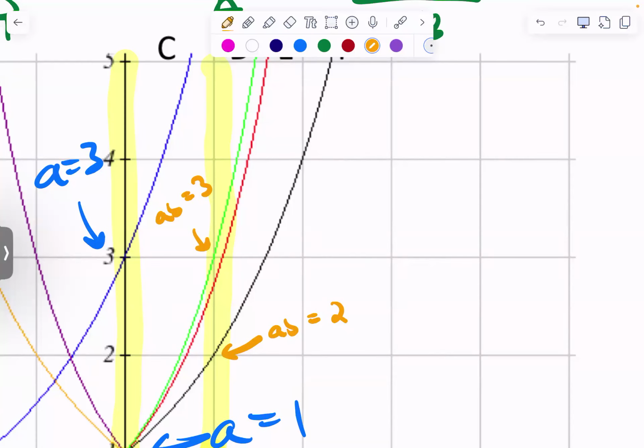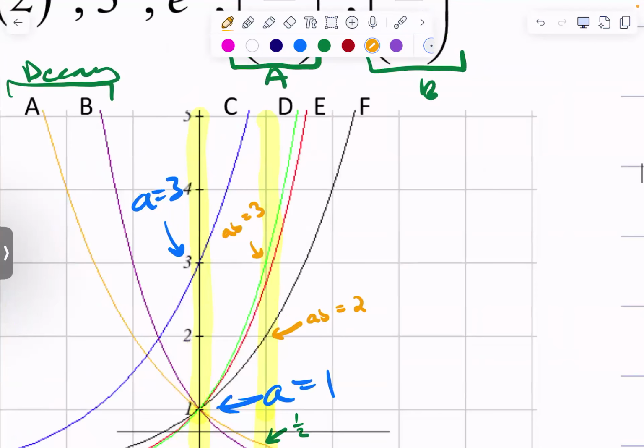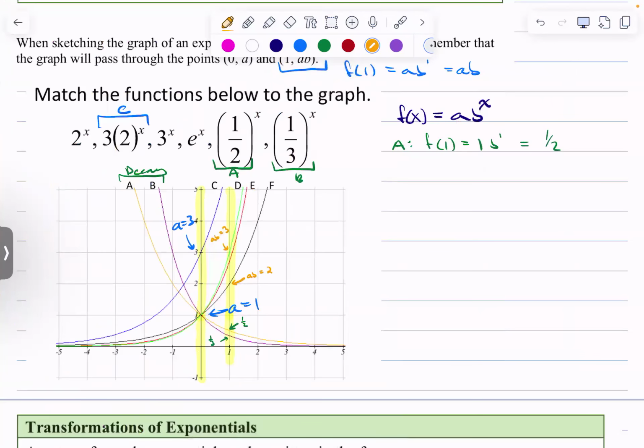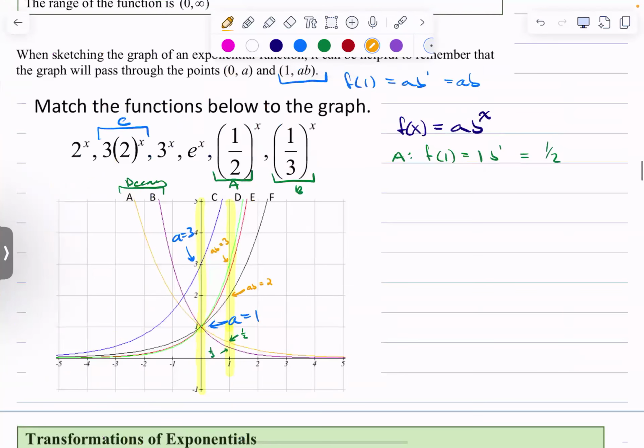The red line, not so much, right? Telling me that's probably e to the x. Huh? So for D, ab is equal to 3, where a is equal to 1, so b must be 3.